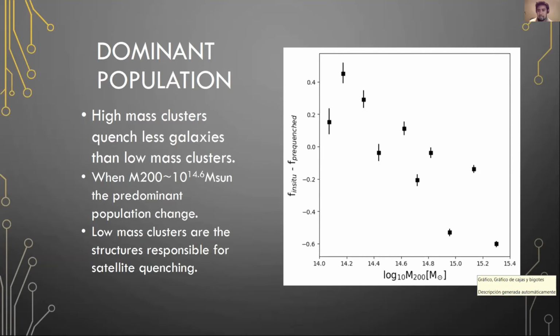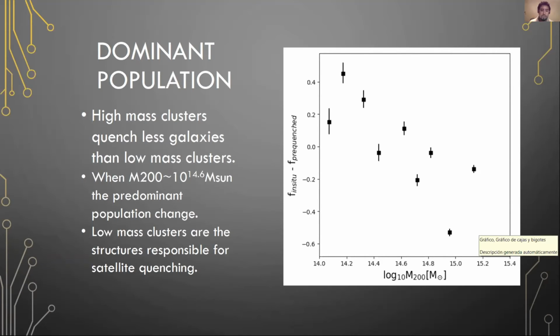So here you can see that in the case of low mass clusters, from around 10^14, the dominant population corresponds to the galaxies that get quenched inside the cluster. So the pre-quenching or the pre-processing is not as dominant as, for example, for high mass clusters around 10^15, like the Coma cluster.